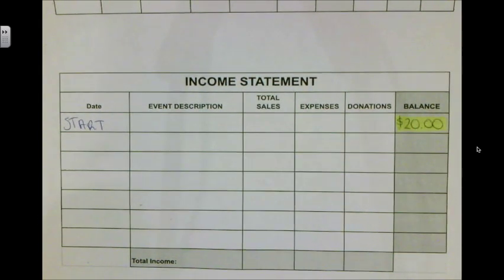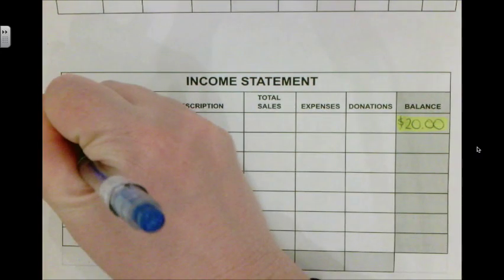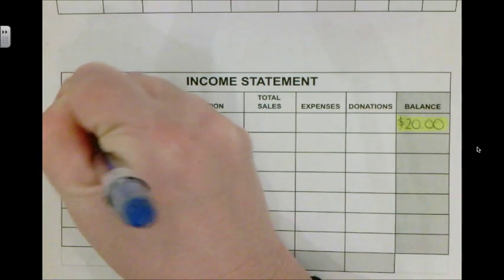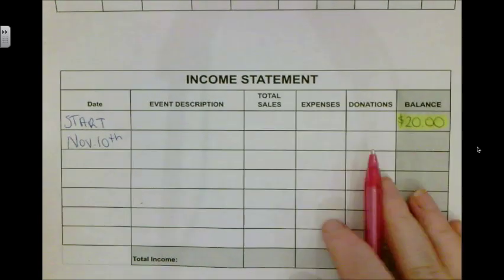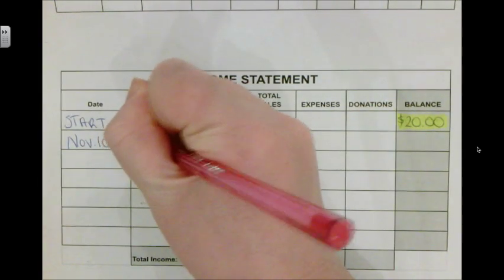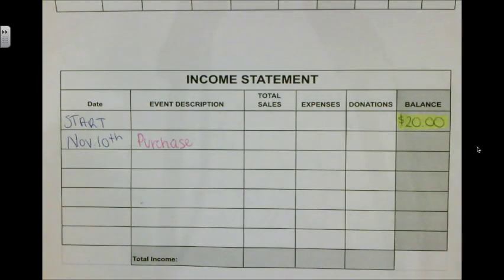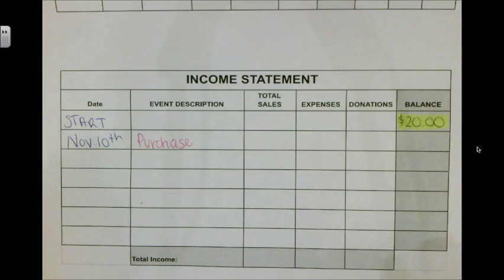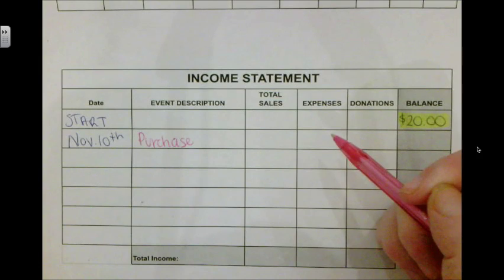Okay, so the first date, Darren and Devin on November 10th, they're making a purchase. I'm going to do this one in pink, since we were doing it. Purchase. Okay, they're buying mix. If you want to write beside what your purchases are for, that's fine, but you don't have to. If you're purchasing cupcake mix, or whatever you need to buy for your project, you should be keeping track of that in your journals. But you're making a purchase of $6.